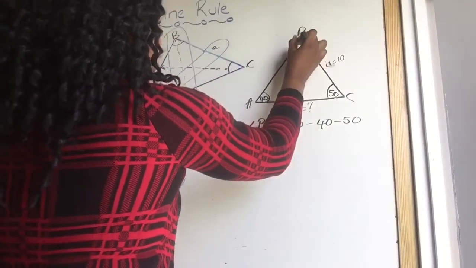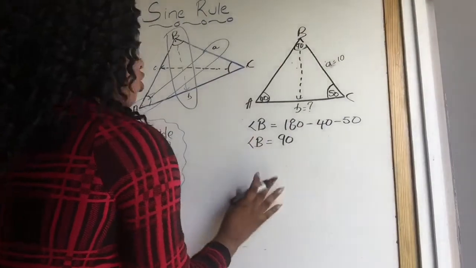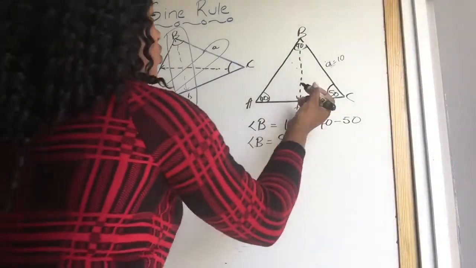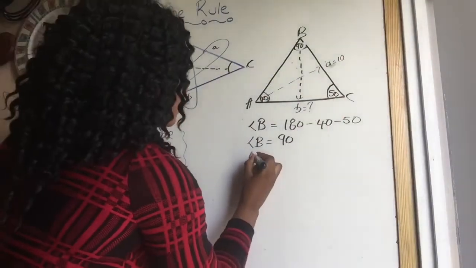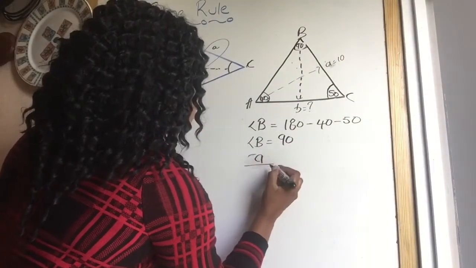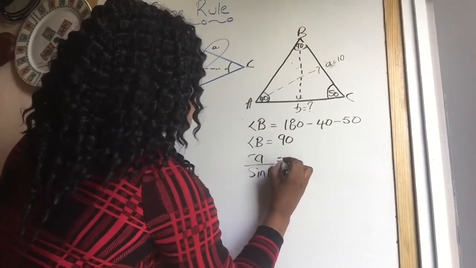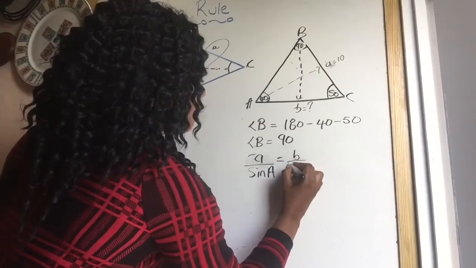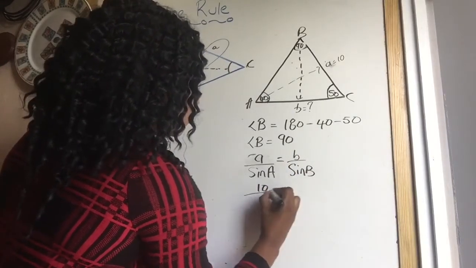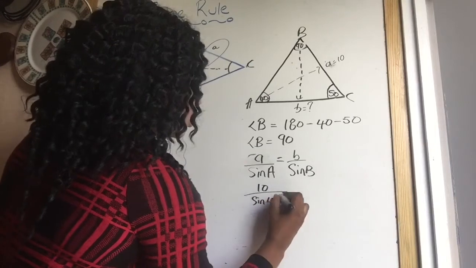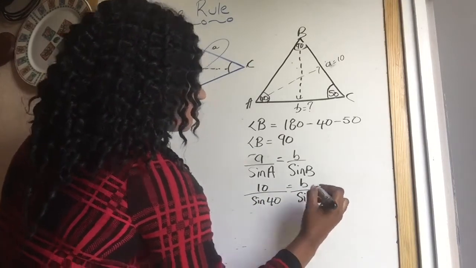Now that we know that angle B is 90, we can simply draw on our sine rule. So we know that we have these two. So a divided by sine A is equal to b divided by sine B. A is 10 over sine 40, and this is equal to b over sine 90.